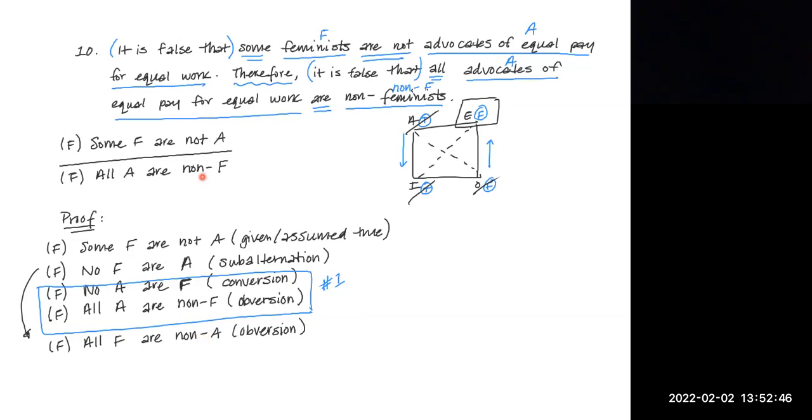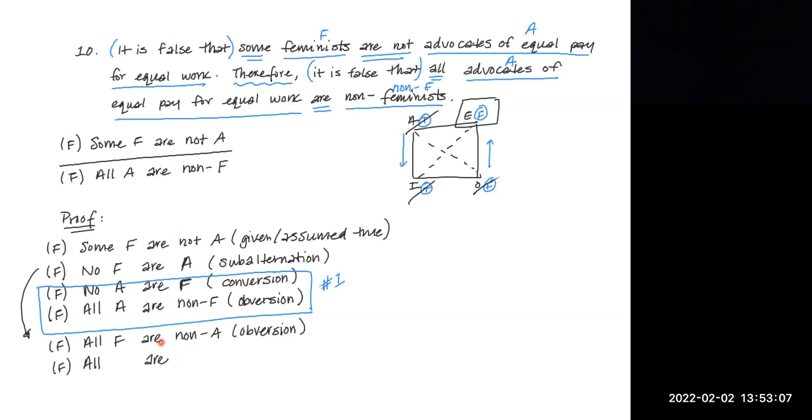But then you think, oh my gosh, I have a non-A, I needed a non-F, what do I do? But if you use contraposition, remember contraposition leaves the "all are" alone. It leaves the standard form alone, but it takes the subject and predicate terms, switches their places and replaces both of them with their term complements.